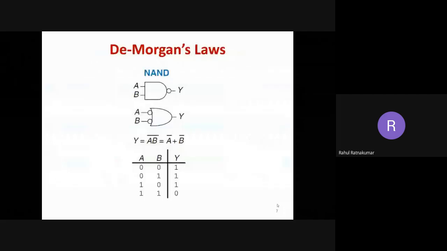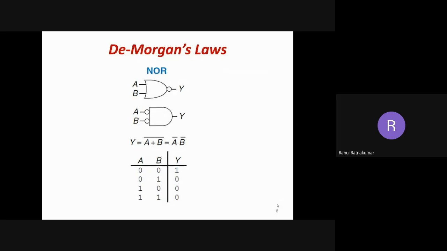You can go through De Morgan's theorem. So A and B, all barred, can be converted into A bar or B bar. So this is De Morgan's law for NAND. For NOR we also have De Morgan: A nor B can be converted to A bar and B bar. What we are trying to do is change the bar.